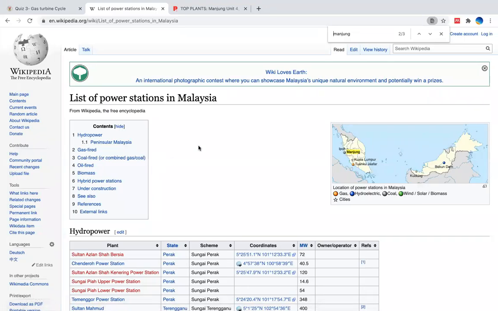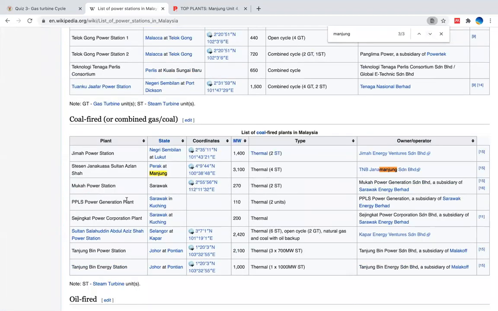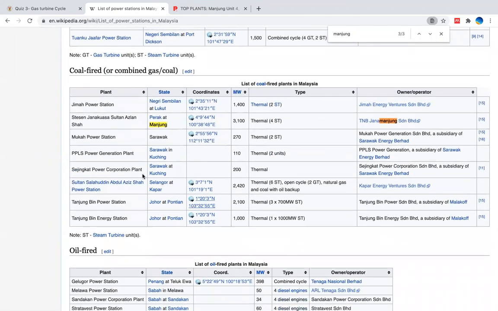So let's have a look at some of the power stations in Malaysia. Manjung is one of the largest power stations, in Perak. If you look here, it is combined gas or coal, and ST denotes steam turbine.